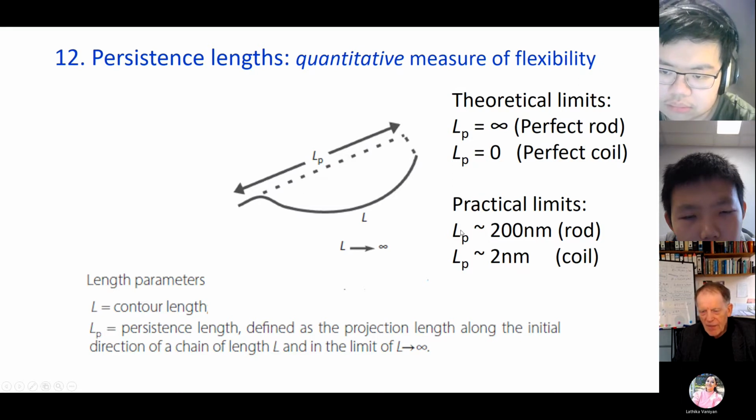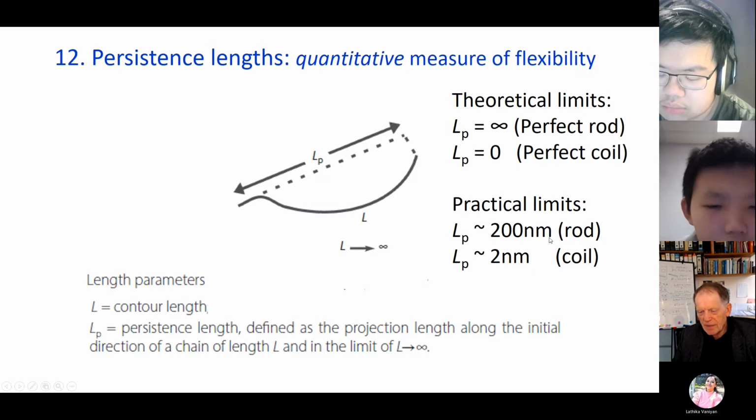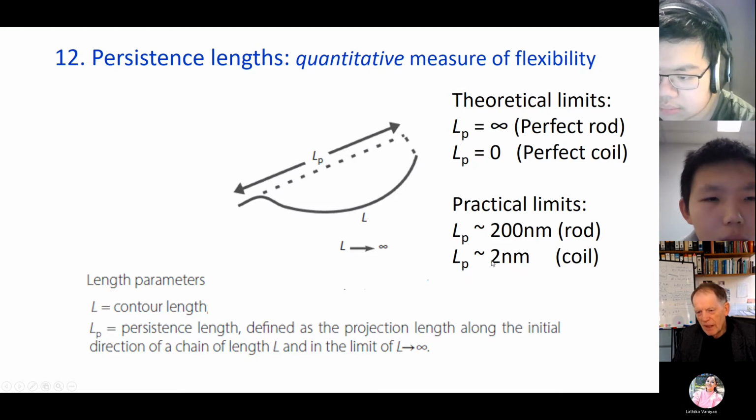Practically, the upper limits are for macromolecules, polysaccharides in particular. The maximum value for the persistence length is about 200 nanometers. That corresponds to a rod. And the minimum value is about 2 nanometers, a coil. So a molecule like schizophyllan or xanthan would have a persistence length approaching 200 nanometers, whereas something like pullulan or dextran would have something like 2 nanometers.